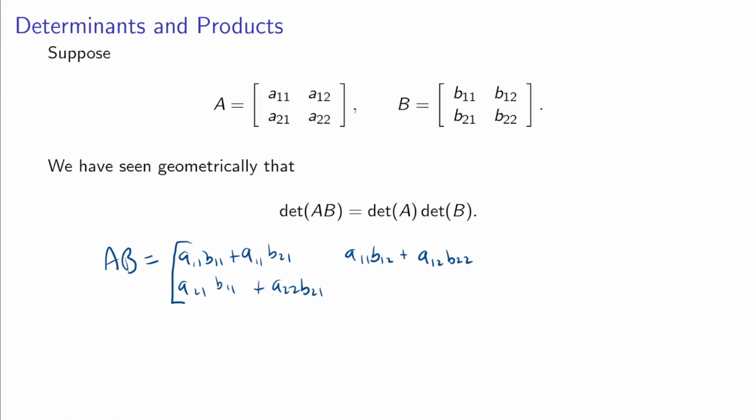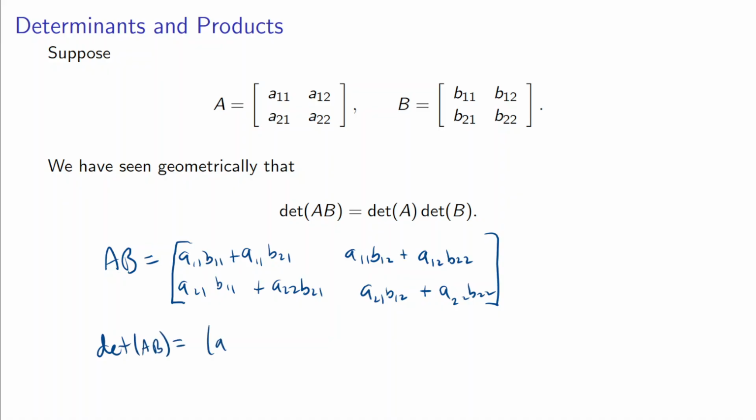Let's try not to go too quickly here. And then the last component of the product should be A21 B12 plus A22 B22.